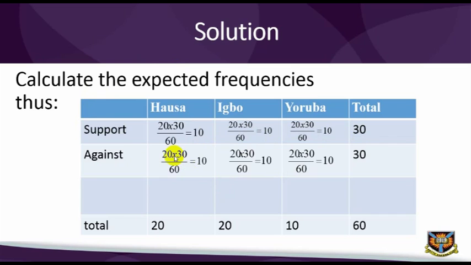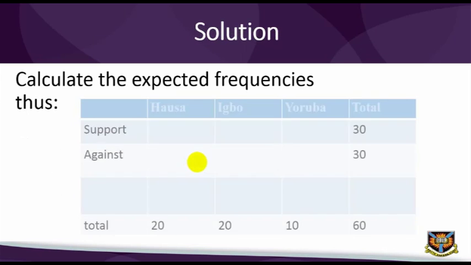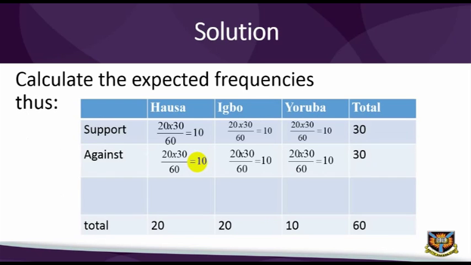Against: Hausa, Igbo, Yoruba, each 20 times 30 over 60 is equal to 10. Total 30. Column totals 20, 20, 20, 60.